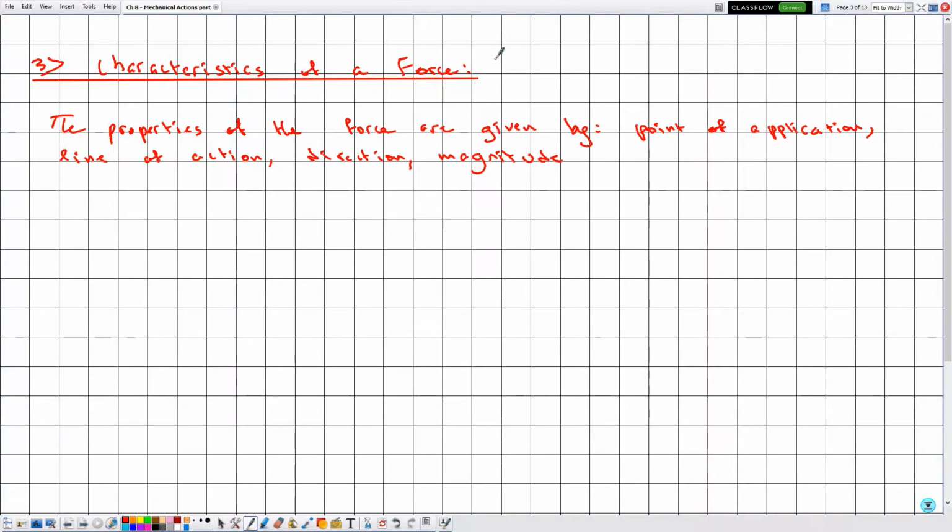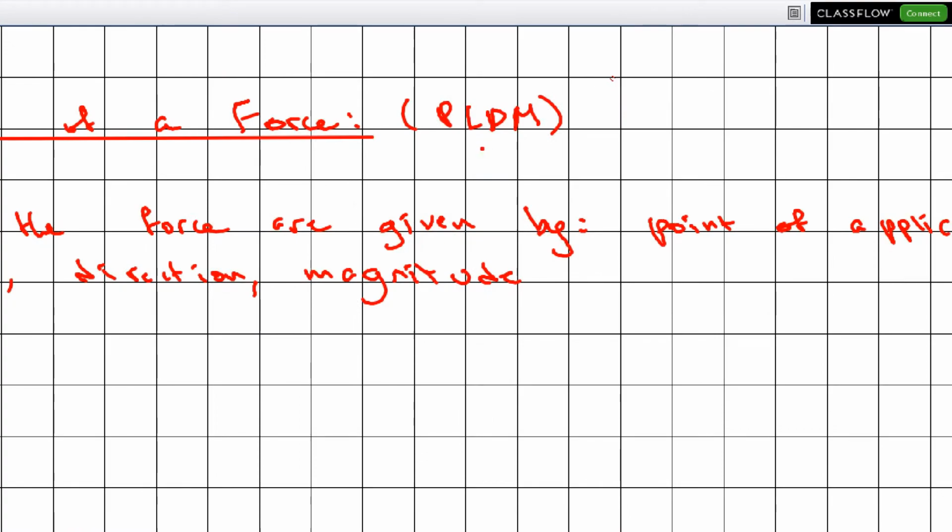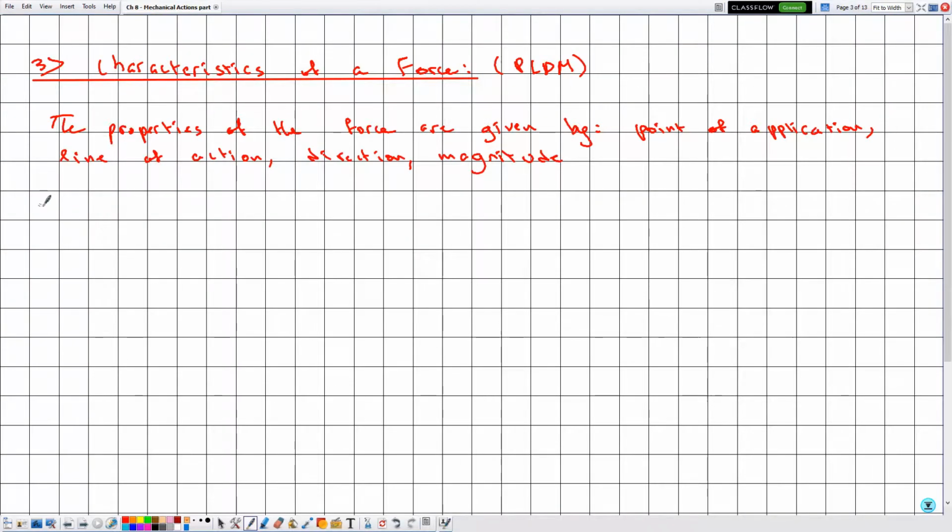And this order is given by the PLDM. So usually we list these properties by the following order: the PLDM, in which P represents the point of application, L for line of action, D direction, and M the magnitude. Let me start by subsection 3.1, which is the point of application.